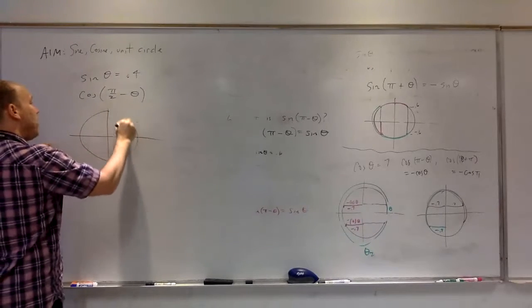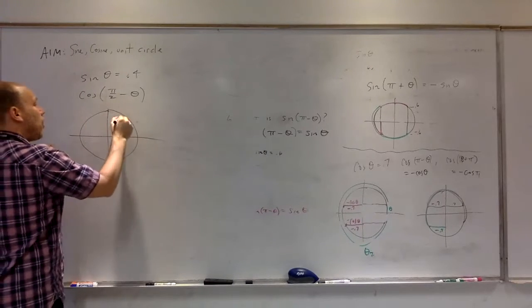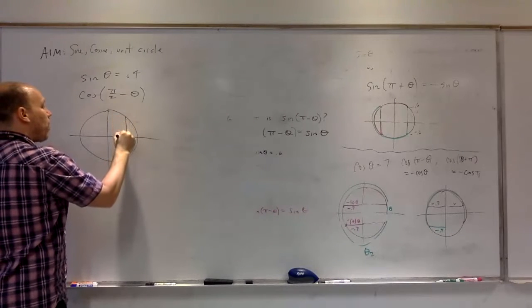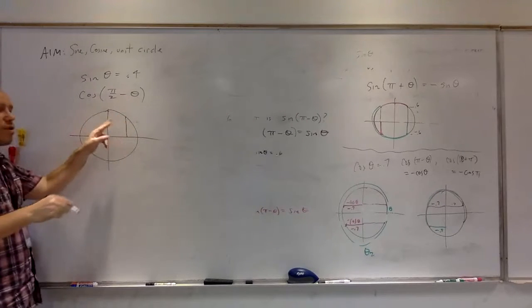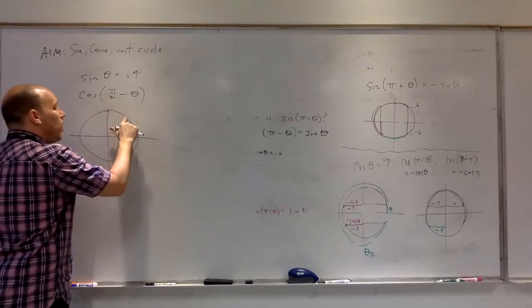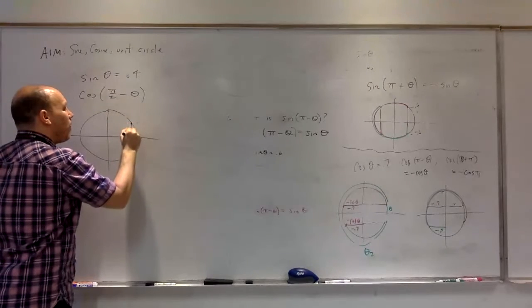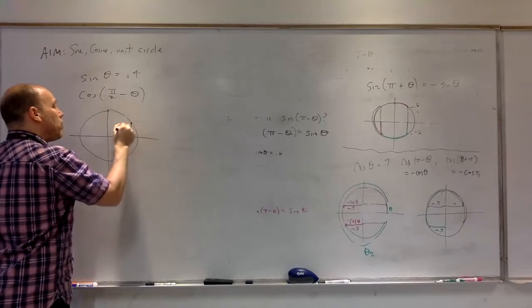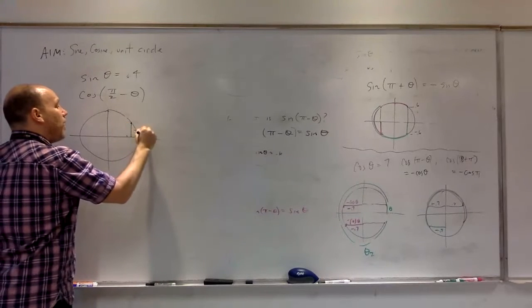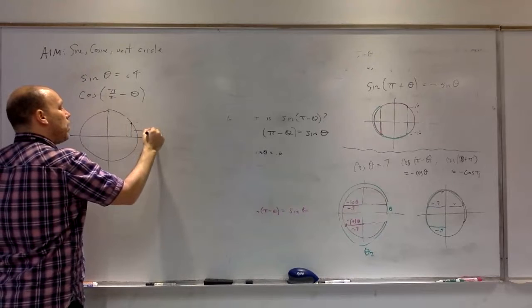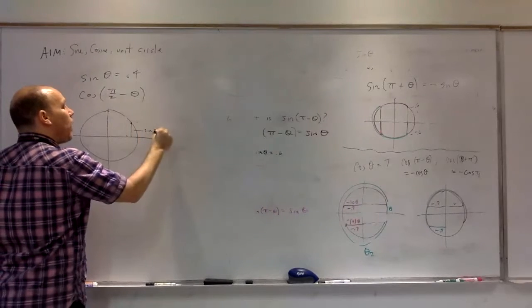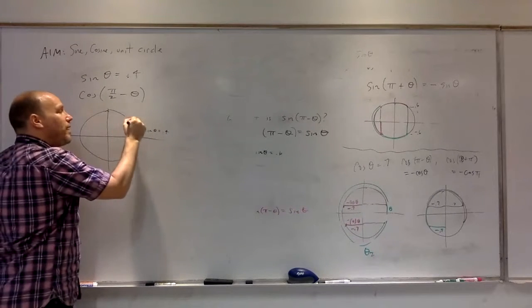So, we have the unit circle. Let's start with this first point here, 0.4. Whatever this rotation is, the sine of theta equals 0.4. Now the question is, what is this point here?